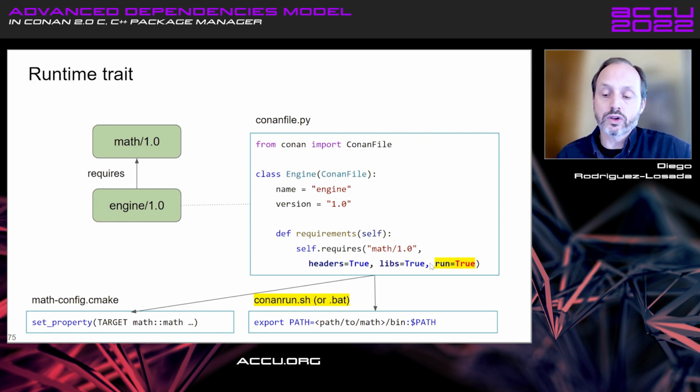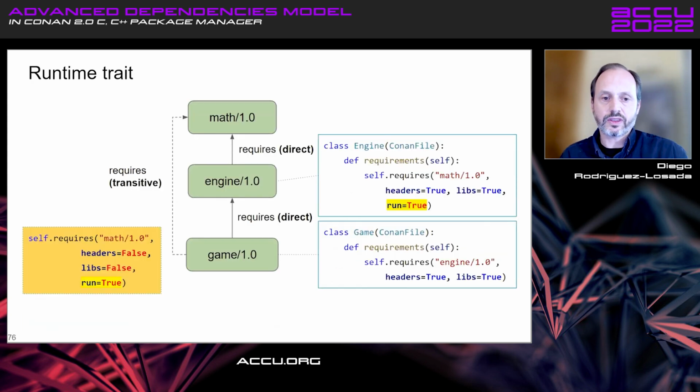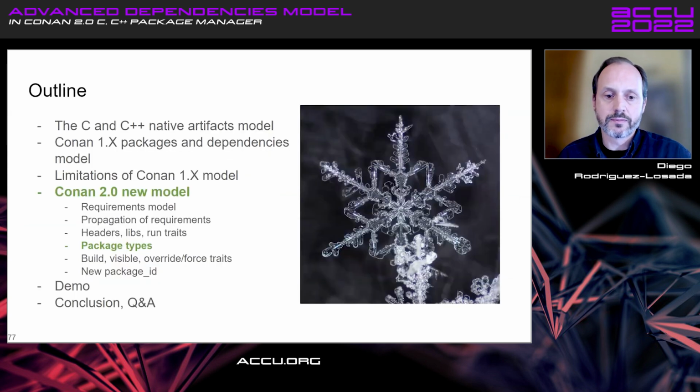So everything works without copying around the shared libraries from one place to another, or without having to manage it yourself. This run trait is by default propagated. If engine defines that math is going to be needed at runtime, then game is going to need math at runtime. It doesn't depend on how game depends on engine. The mapping is very, very direct.